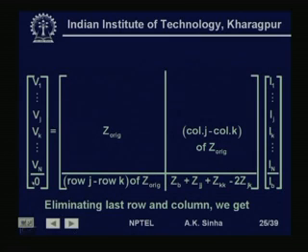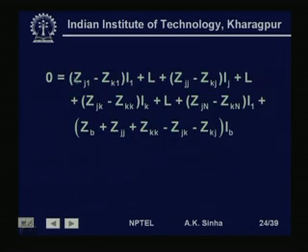Similarly, in the last row, the jth row minus the kth row is coming for this last expression. So the jth row terms minus the kth row terms are coming here.